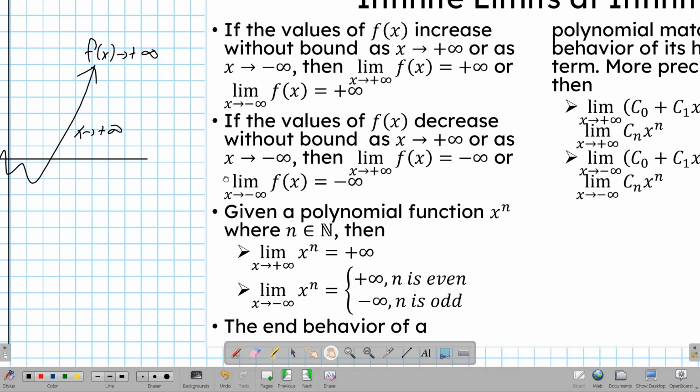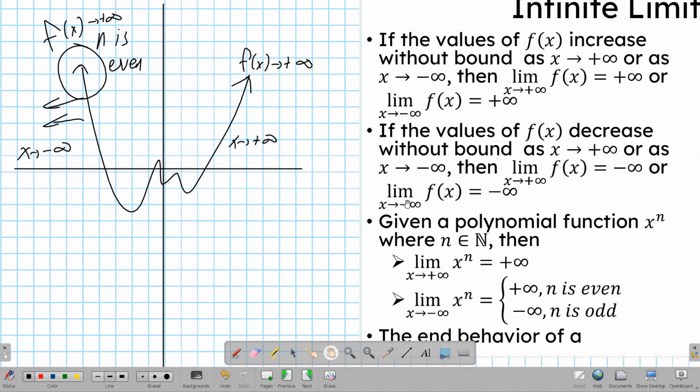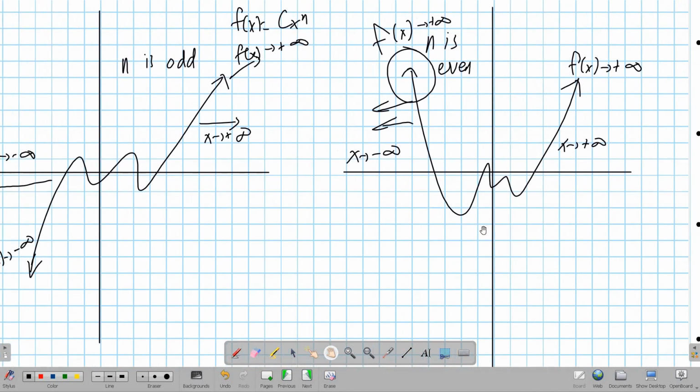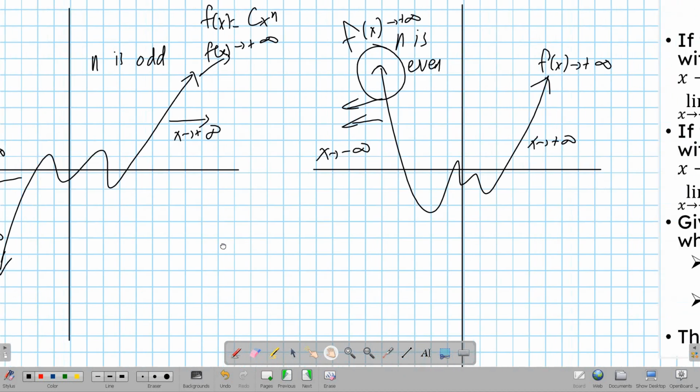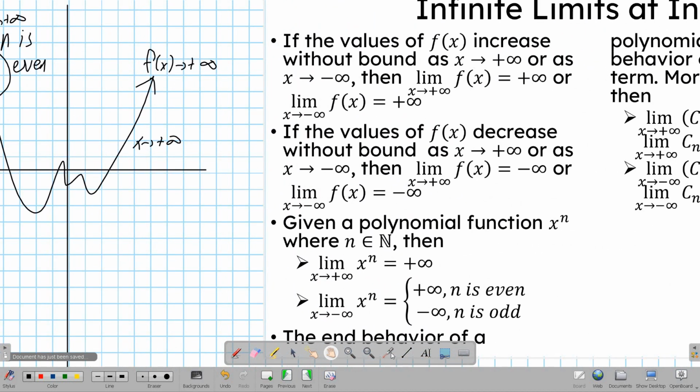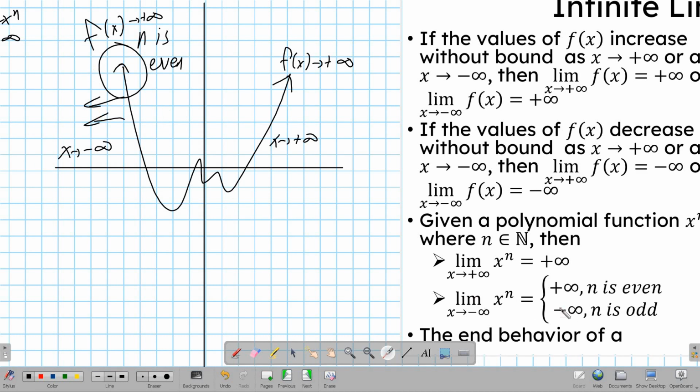So going back to our definition, the limit of x raised to n as x approaches positive infinity would always be positive infinity, as you can see in these two examples. And the limit of x raised to n as x approaches negative infinity is positive infinity if n is even, and negative infinity if n is odd.